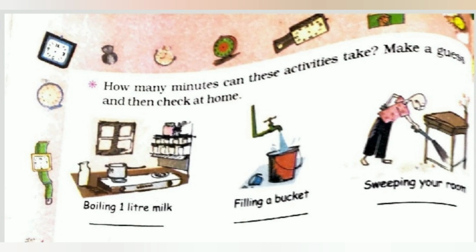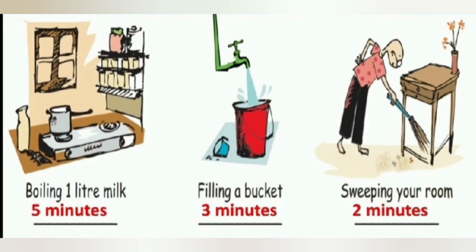Okay. Now the first one is boiling 1 liter of milk. It depends upon how your burner's flame is. If it is high, it will take minimum time, and if it is sim, meaning slow, it will take more time. For me, it takes 5 minutes for boiling 1 liter of milk. Now next is filling a bucket.